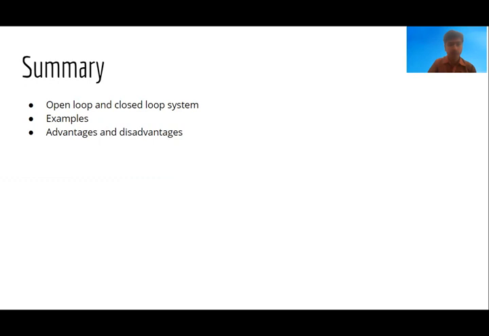And finally, we have compared these two systems to know the differences. In the next video, we will learn about the block diagram representation of a given control system and the block diagram reduction using block diagram algebra. Thank you.